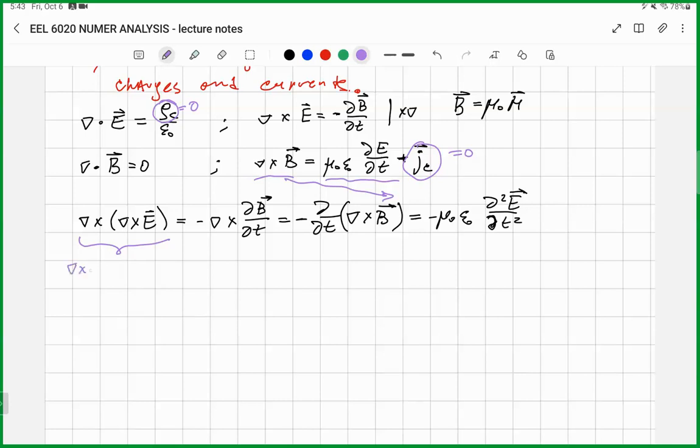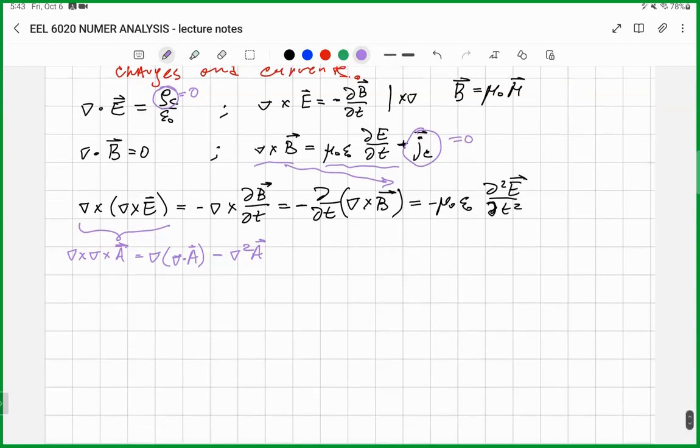The curl of the curl of some vector A is equal to the gradient of the divergence of the field minus the Laplacian, or nabla squared A. So in this case, we have the field E, electric field.